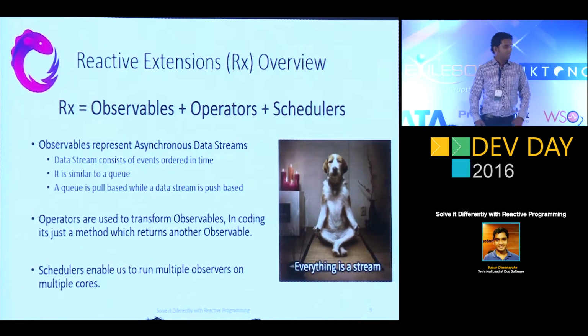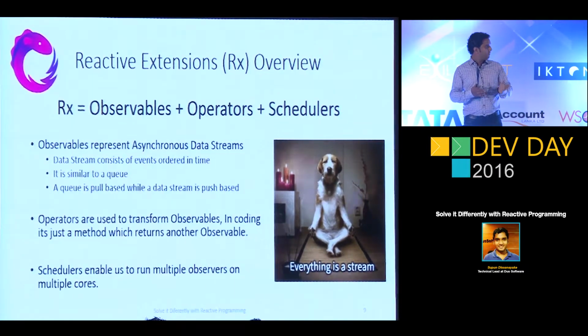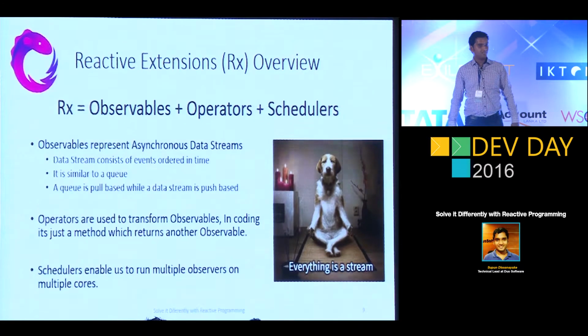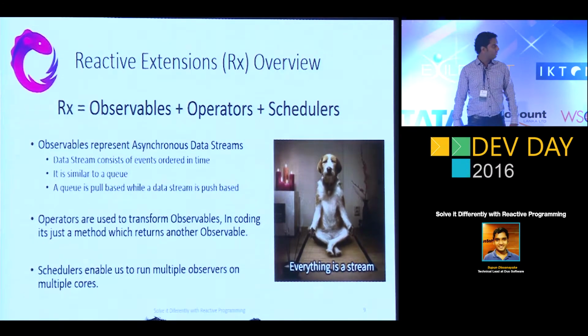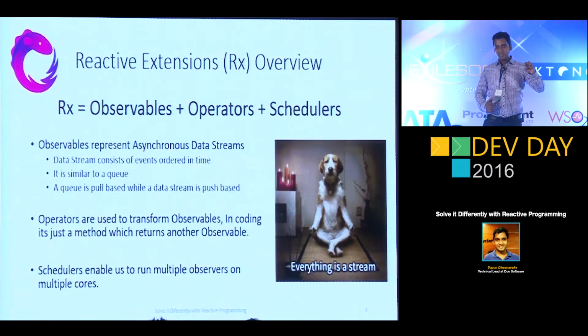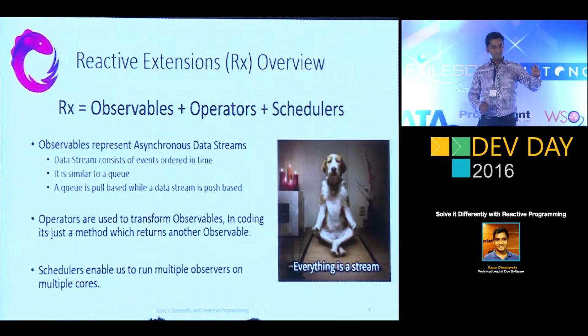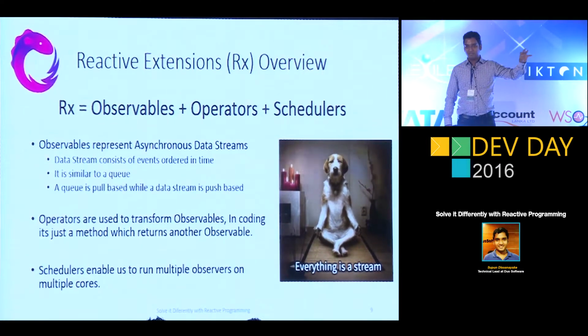The other building block is called operators. With operators, when we get an item inside an observable, we modify it and return it in another observable. Events in this context are immutable, similar to functional programming.